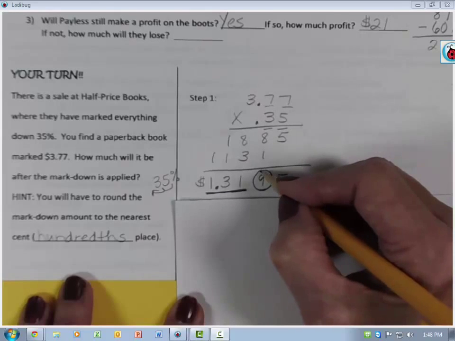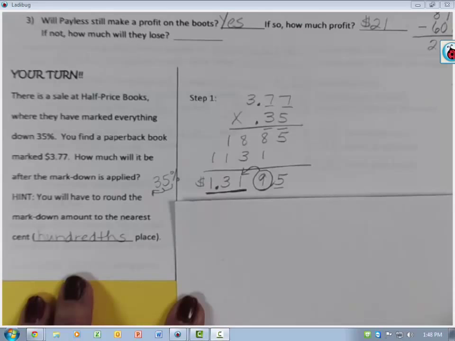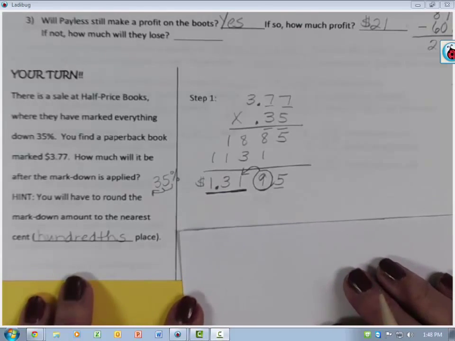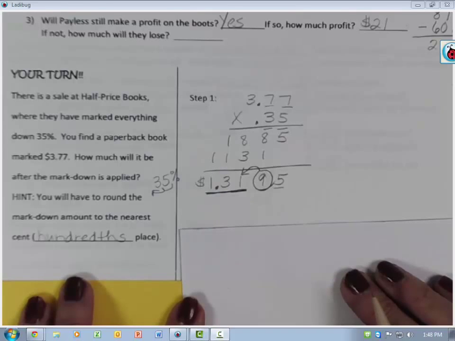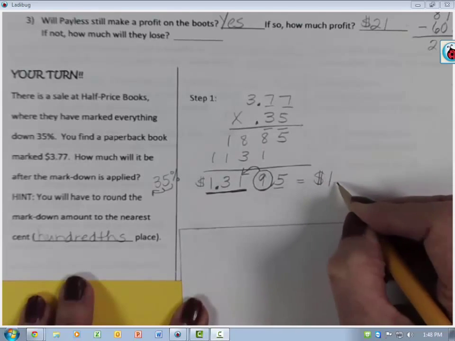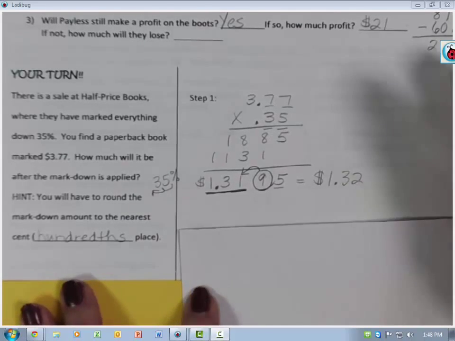Does that 9 tell you to round this up to $1.32 or leave it at $1.31? Remember, anything 5 and higher, you round up, 4 and lower, you leave the same. So that's going to round this up to $1.32. So that's the dollar discount. It's 35% off. This is how much money it is off.